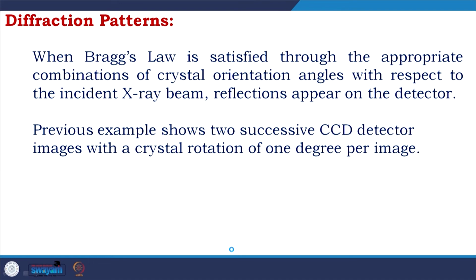The previous example which we talked about shows two successive CCD detector images with a crystal rotation of 1 degree.